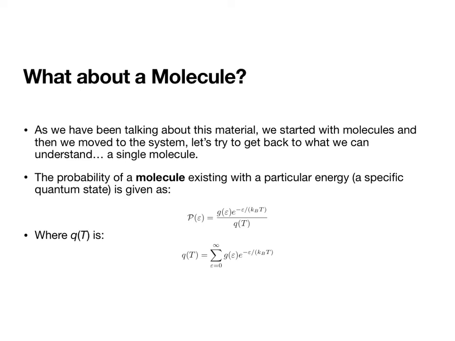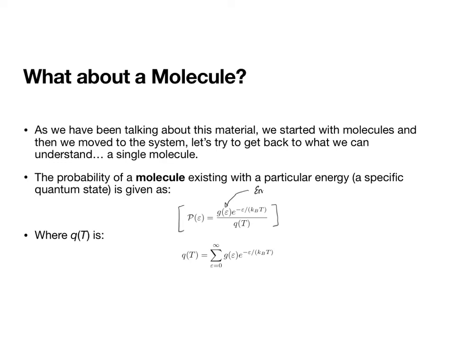Okay, so we keep moving back and forth between talking about molecules, and then we talk about a system, and then we go back to a molecule. So the probability of a molecule existing within a particular energy or a specific quantum state is given by this probability. Notice that this E, we've switched to this epsilon.